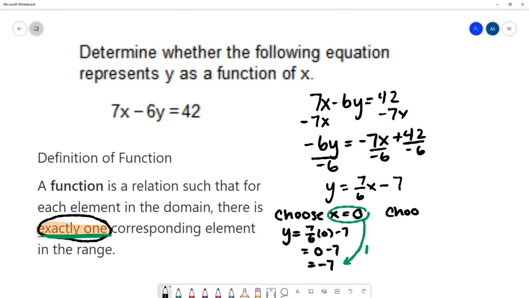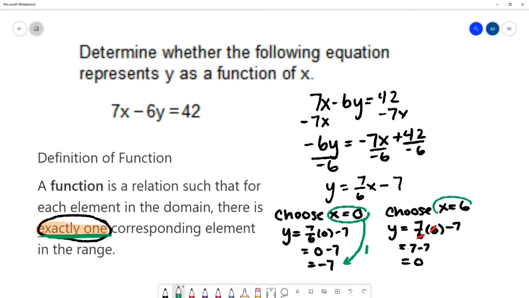Now what if I choose another value of x? I'll choose another easy one, 6. Then y is 7/6 times 6 minus 7. Those 6's cancel out, and you get 7 minus 7, which is 0.